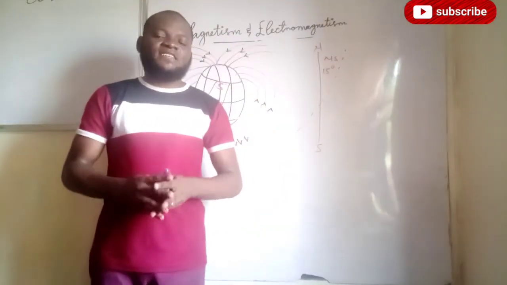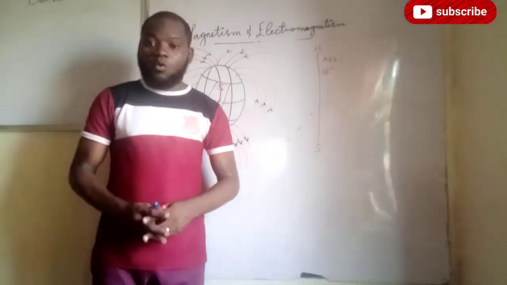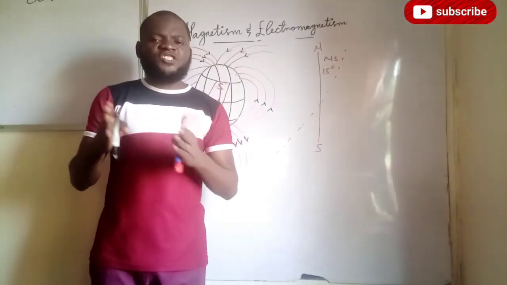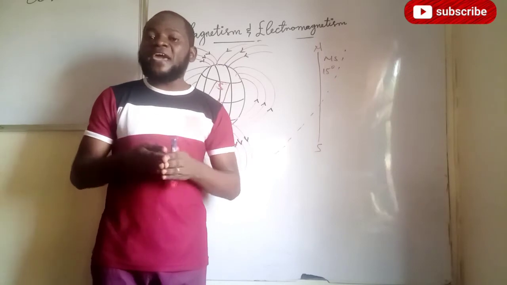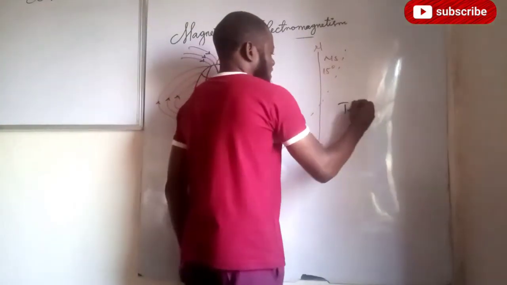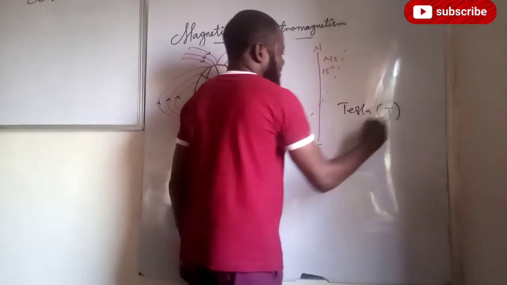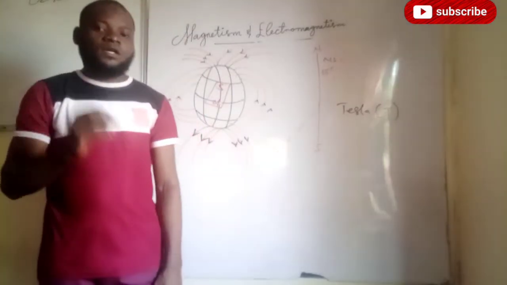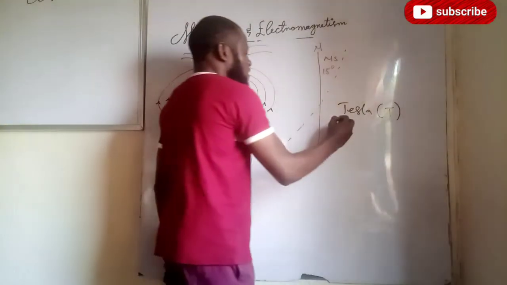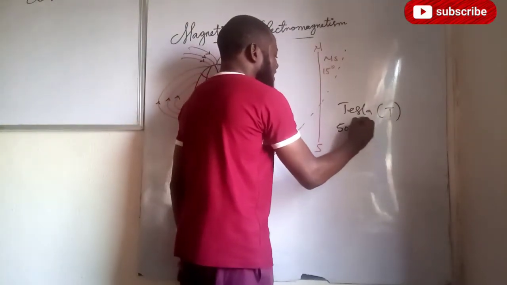The Earth's magnetic field is quite small when it comes to strength. Now, remember that the strength of a magnetic field is measured in Tesla. That is, the unit is Tesla, and that is capital letter T. The Earth's magnetic field is about 50 microtesla.